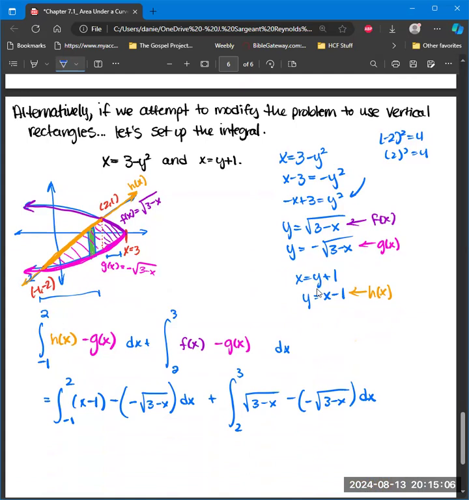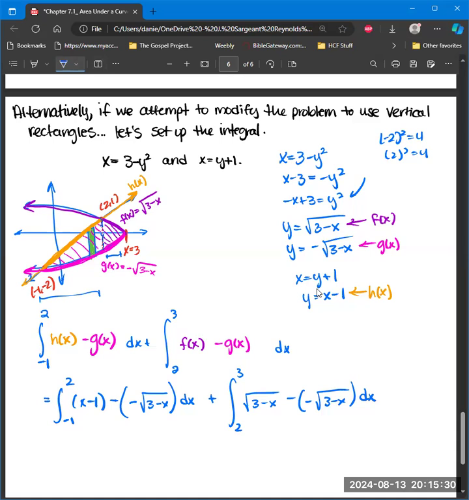Sometimes one way is preferable to another way, and we want you to be able to recognize which way is going to be easier for you based off of the functions that you have. So in this case, if we wanted to go upper function, lower function, we'd have to split the graph right here.